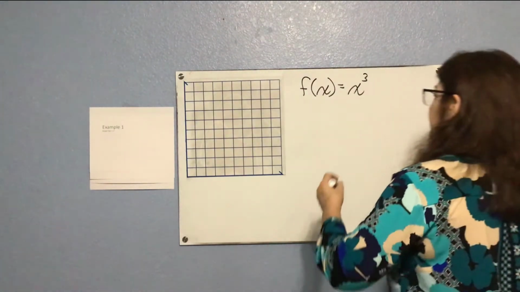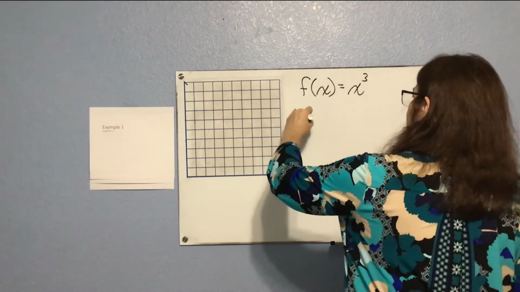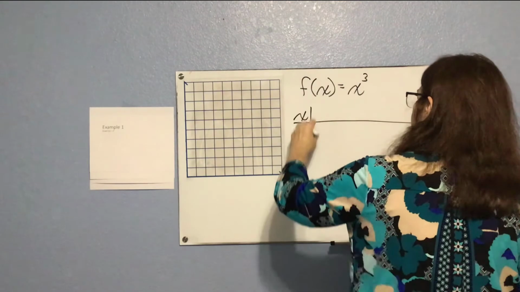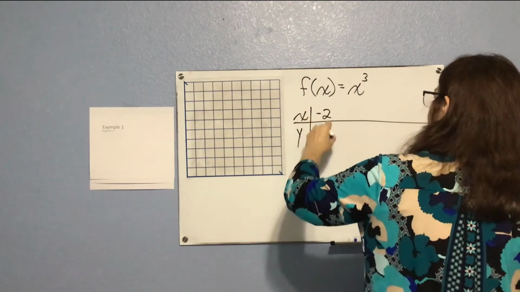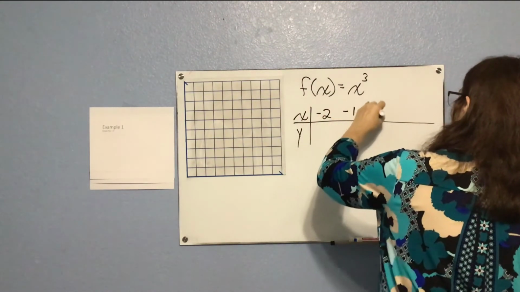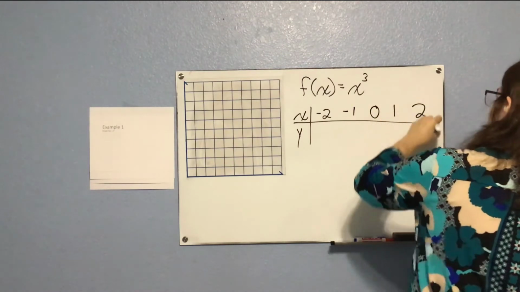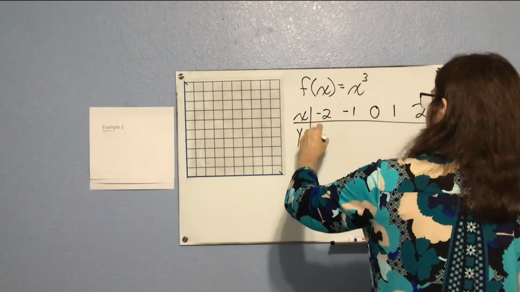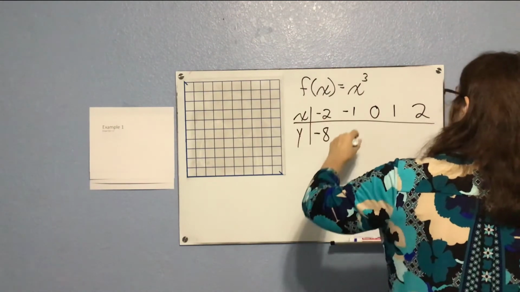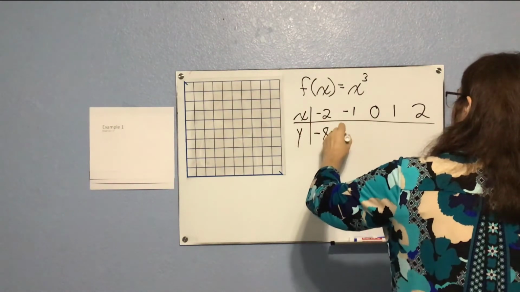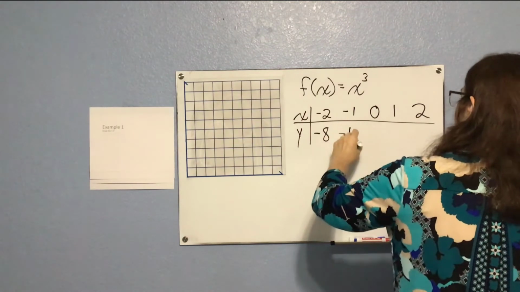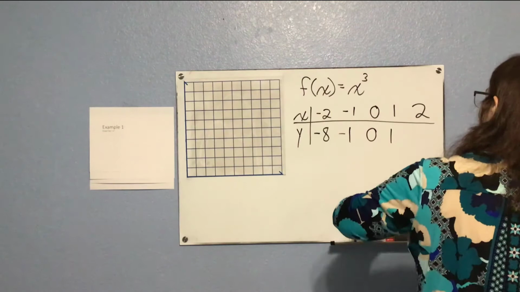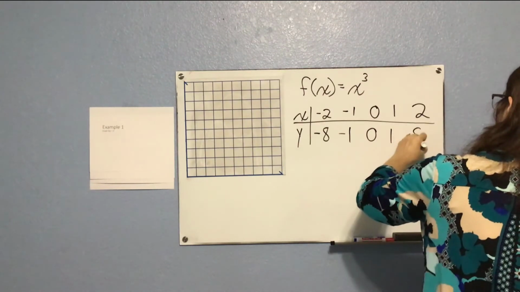To graph this, I'm going to make a table of values, as I've done before, and start at negative 2 and go up to positive 2. Negative 2 cubed gives me negative 8, negative 1 cubed is negative 1, 0 cubed is 0, 1 cubed is 1, and 2 cubed is positive 8.